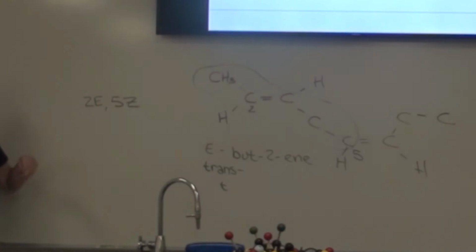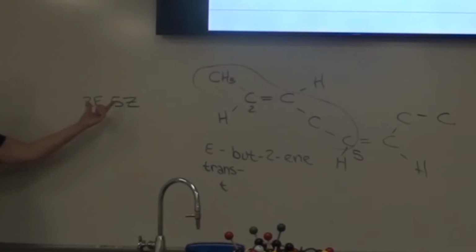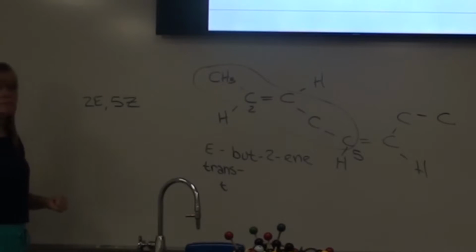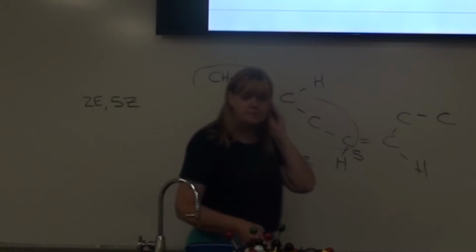Just like before, if you have 2 methyl groups attached to the same carbon of the parent hydrocarbon, you still have to put a number for each. If you have multiple chirality centers or multiple double bonds that have stereochemistry, you have to write a location number for each one. So then you'd also have to write 2 and 5 for ene.